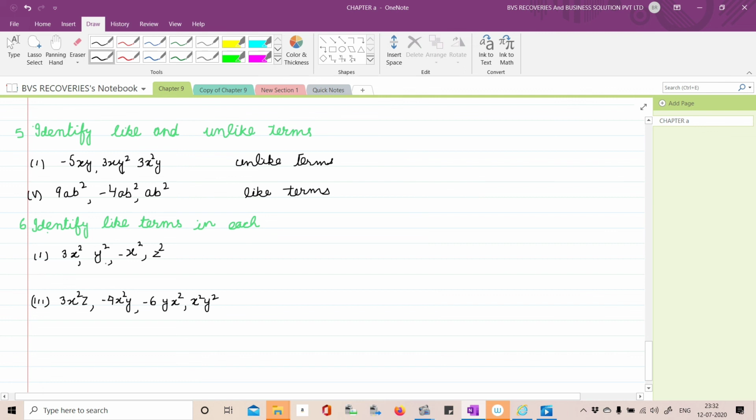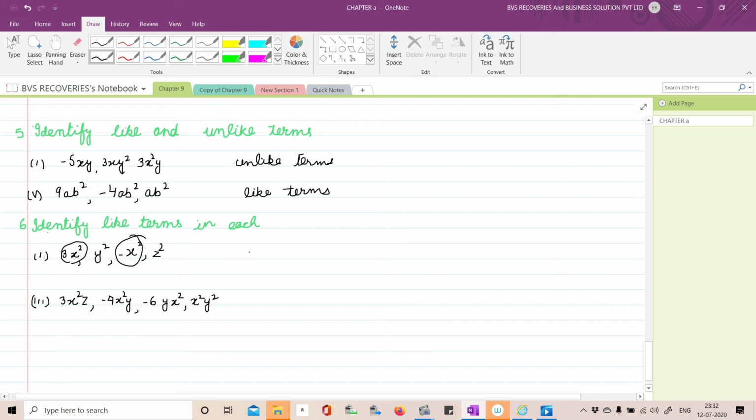Question number 6 is: identify like terms in each. So it means we have to check which terms are like. So in the first part, 3x^2, y^2, minus x^2 and z^2. So here you can see that this 3x^2 and this minus x^2 are like terms.